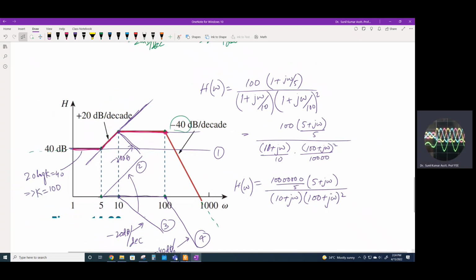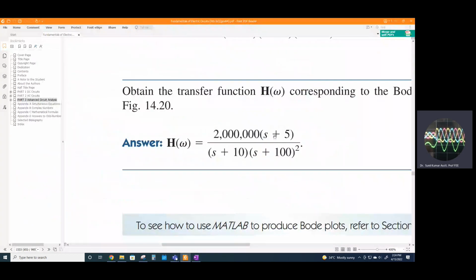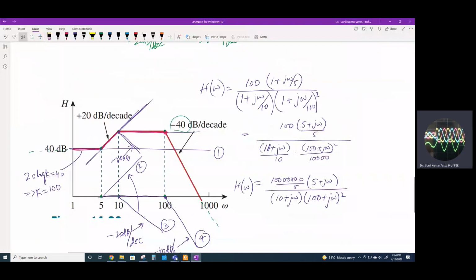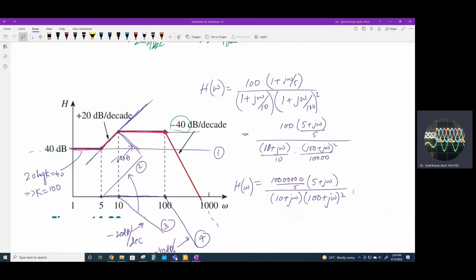Let's verify the answer given here. S plus 5, S plus 10, S plus 100 squared, and this is 2 million. So maybe this will give me 2 million. Okay, so this is correct.